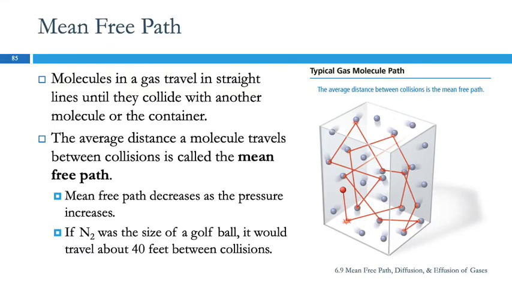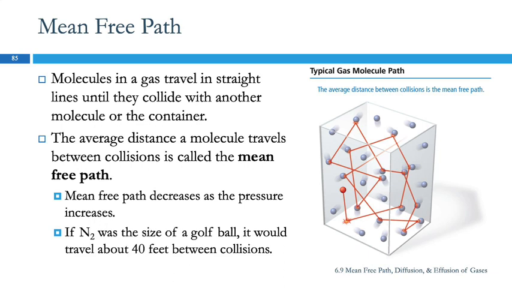Gas molecules travel in straight lines till they run into something and they bounce off. So the mean free path is the average distance that a molecule can be flying through, well, not the air, but through space, without hitting something.